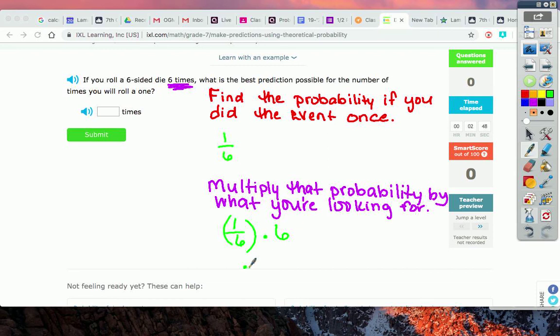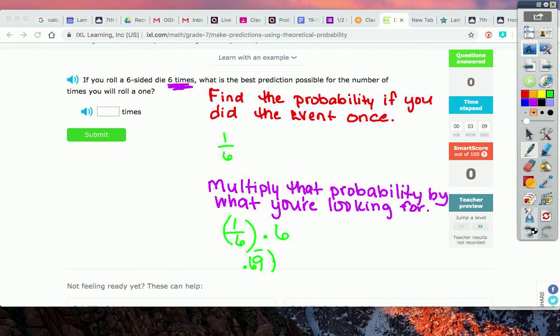Okay, so 1 divided by 6 gave you what? 0.9 repeating. It gave you a 6 at the end because you ran out of space.